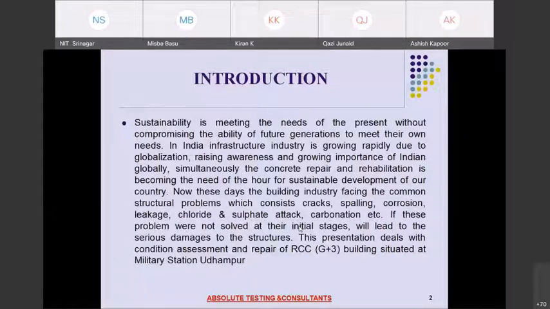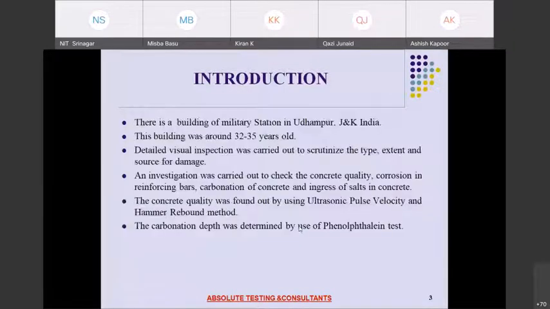It was a G+3 RCC framed structure building situated at military station Udhampur. Talking about the introduction of that structure, the structure was around 32 to 35 years old.